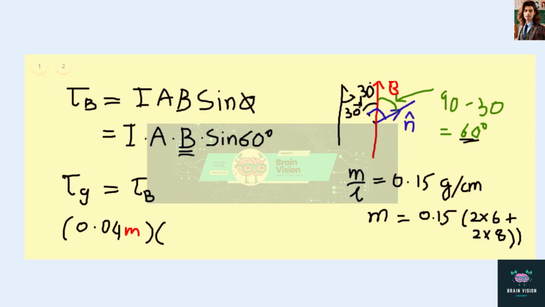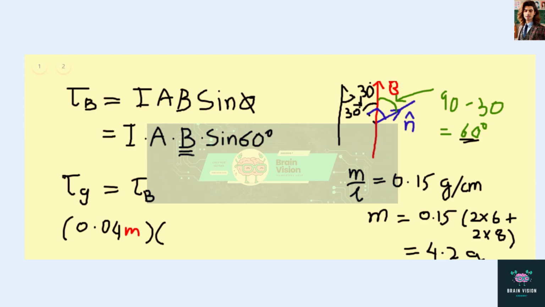Two times 8 is 16, plus two times 6 is 12, and 12 plus 16 is 28. And 28 times 0.15, which you should check on your calculators, gives me 4.2 grams.